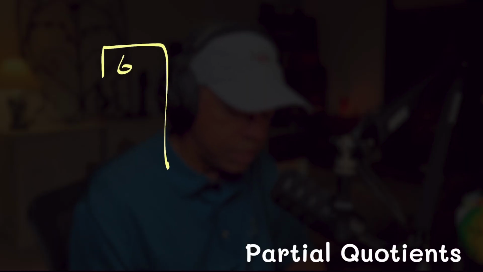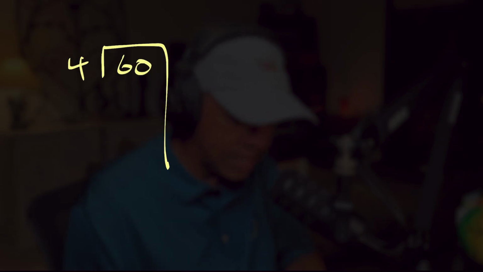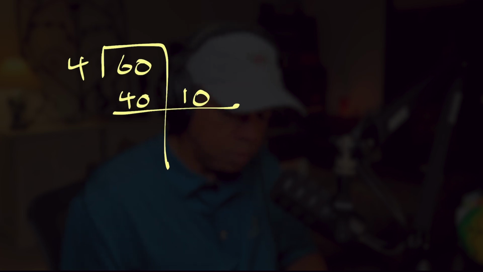Another way I can do this is to use the partial quotients method. My divisor is 4 and my dividend is 60. Well, 4 times what is going to give me 60? Well, I don't know exactly. So I do know that 4 times 10 is 40, so I can record the number of groups of 4 right over here. And then I will simply find the difference of 40 from 60. That leaves 20.